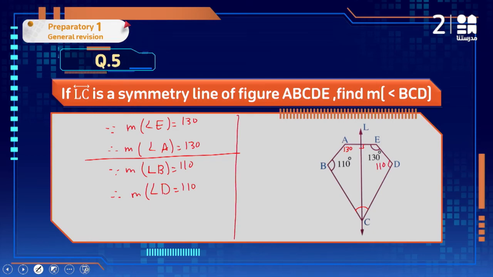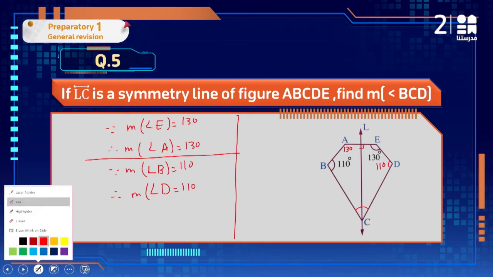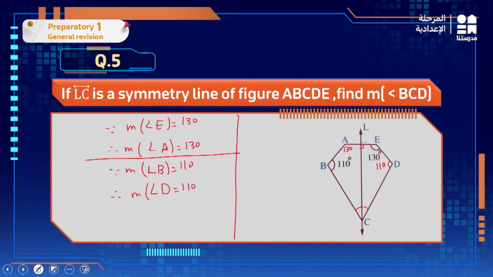And as we know, the sum of angles of any quadrilateral is 360. Let's do it with black. Here we have this one. We know three angles from them, and we need the fourth one. So here we have 90 plus 130 plus 110 plus the question mark, this angle, equals 360.